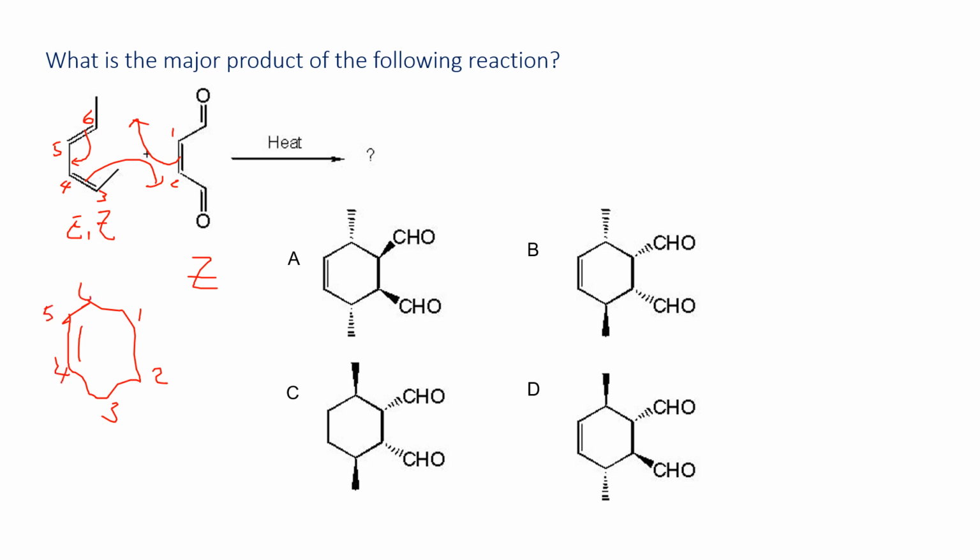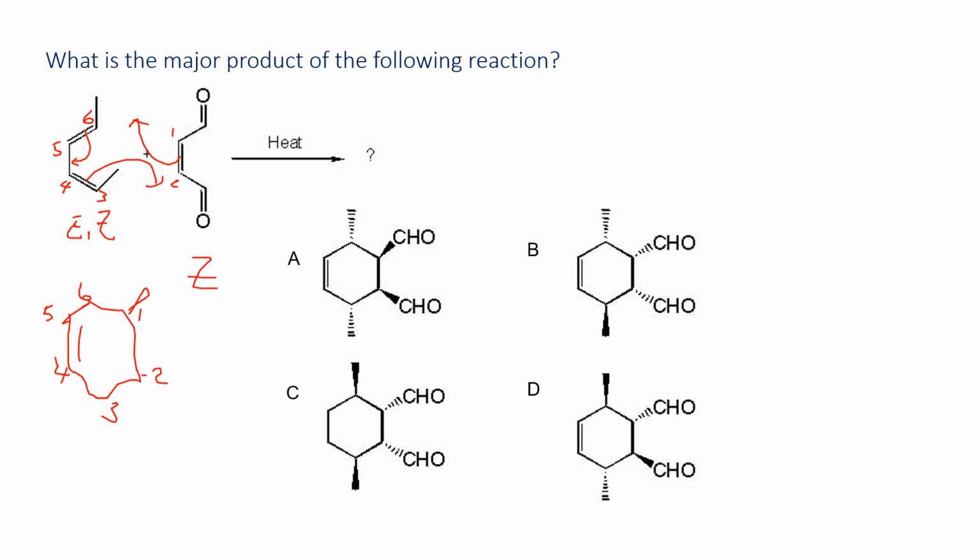And note that on carbon 1 and 2, we have these carbonyls, and they should be syn because we have a Z isomer of the dienophile.